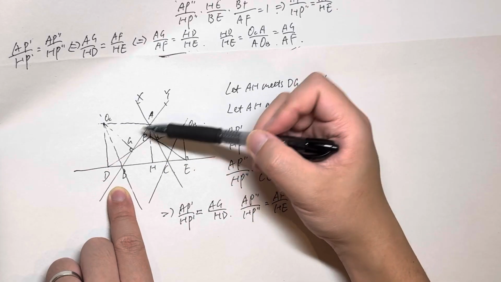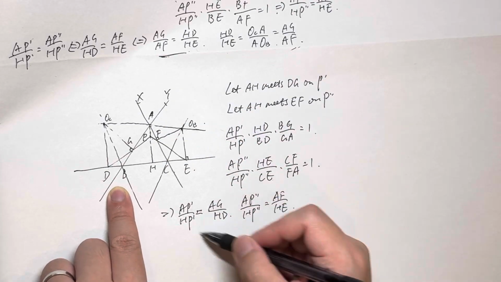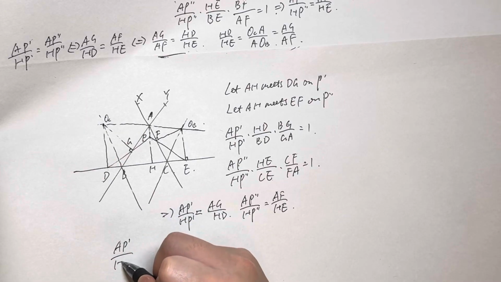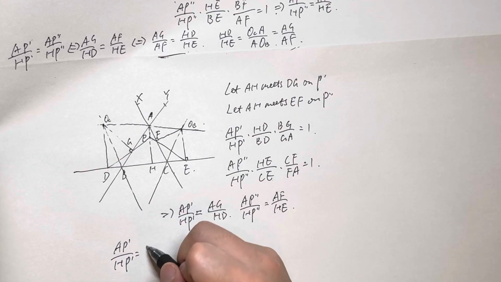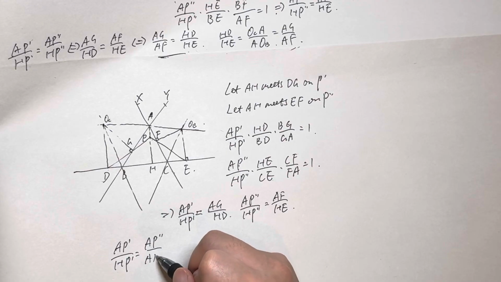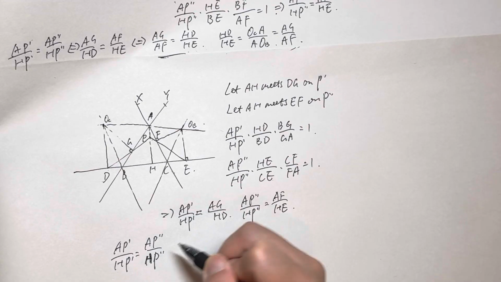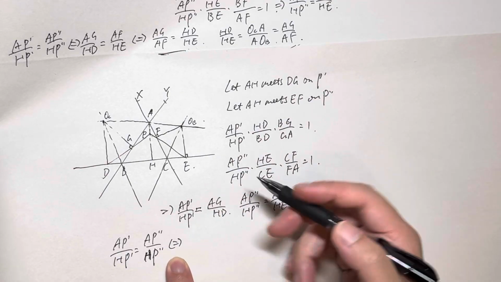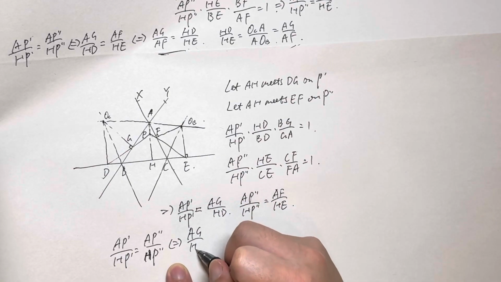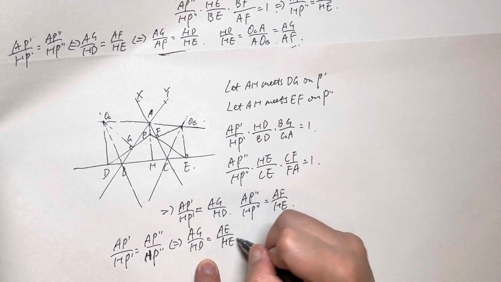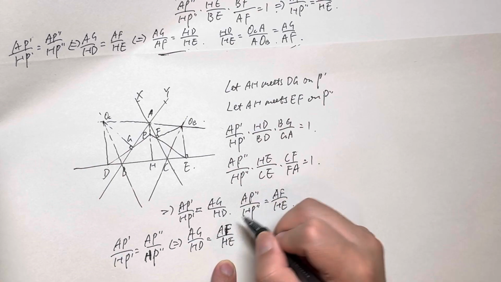see here, basically we just need to prove AP prime to HP prime equals AP double prime to HP double prime, right? We want to prove that these two are equal, then we just need to prove that AG to HD equals AF to HE, right?